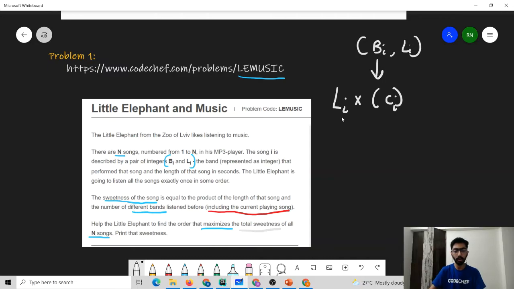So for every song, we need to find the summation of its length Li into Ci, the number of different bands that have been played. After deciding the order of playing all of these songs, we need to maximize the summation of Li into Ci.